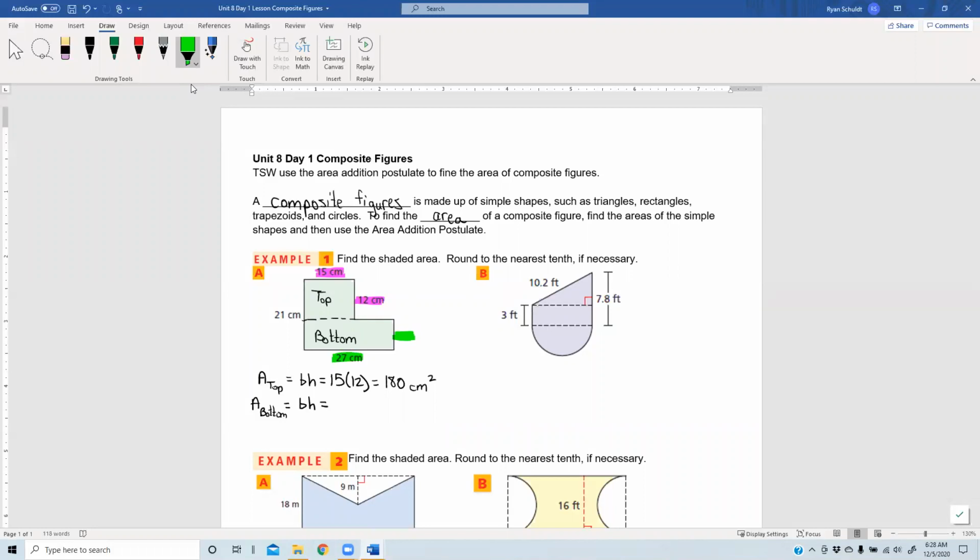And don't you dare say 21. 21's the whole thing. So I know I'm going to have a 27 here. But what I'm going to have to do is use this 21 and subtract 12 from it to get what's left for the bottom piece. So 21 minus 12 gives me 9. So this bottom piece is 9 centimeters.